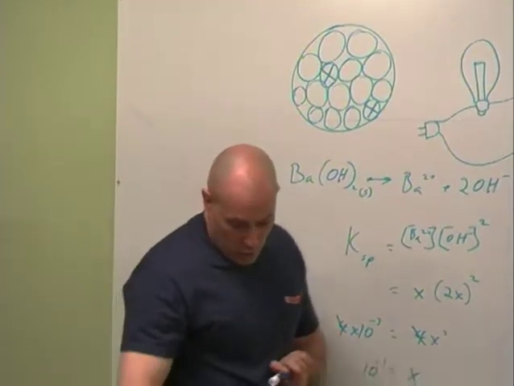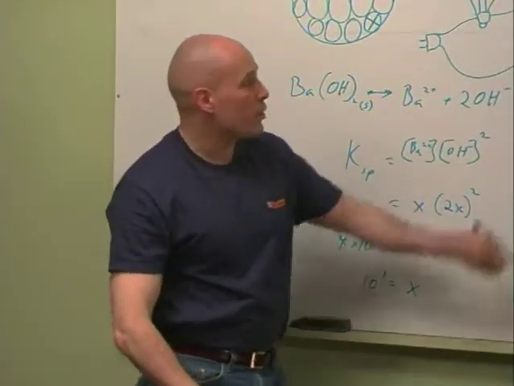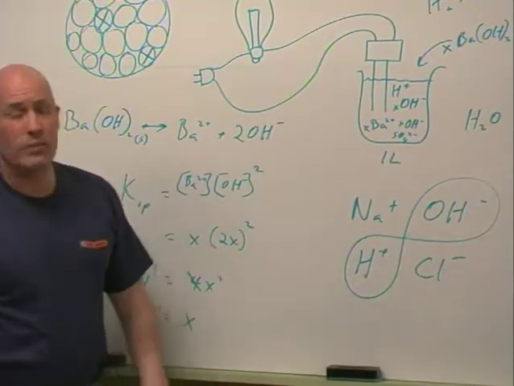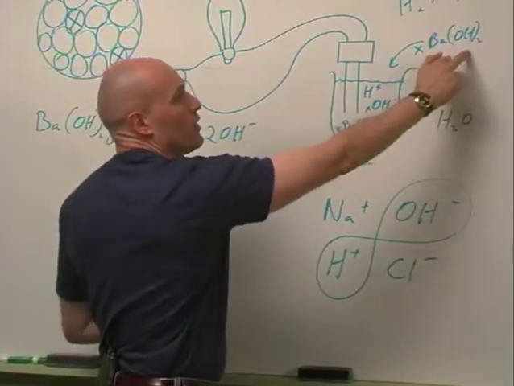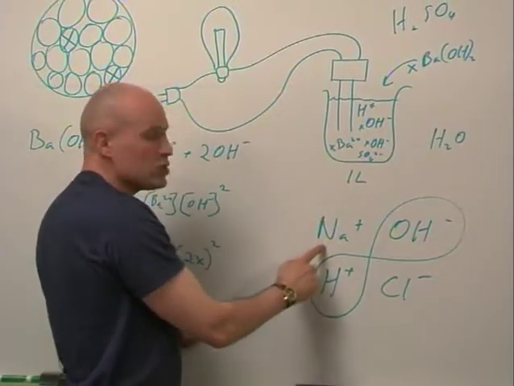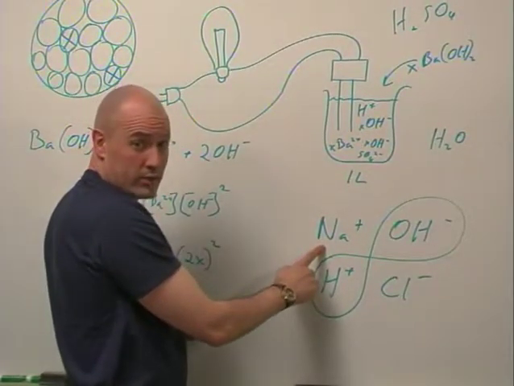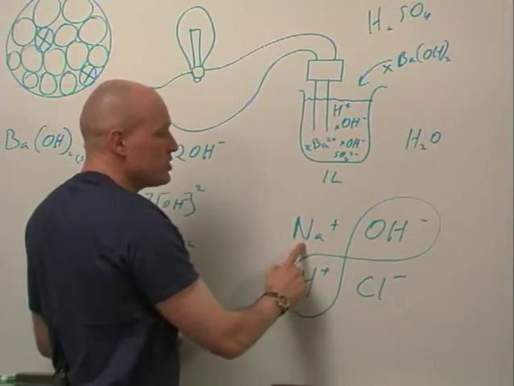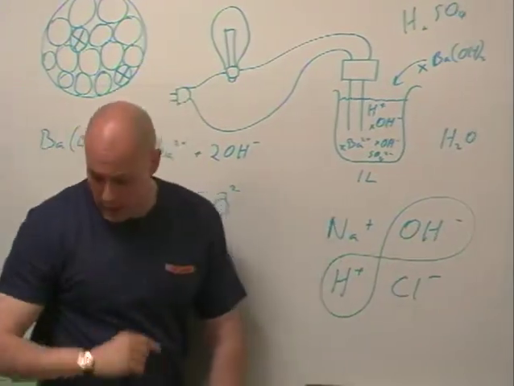Okay, so when I compare the two solutions, barium hydroxide and sodium hydroxide, I see that to get the same number of hydroxide ions, I actually have to add twice as much sodium hydroxide, right? Because for every barium that I add, I get 2 hydroxides. For every sodium I add, I get 1 hydroxide.